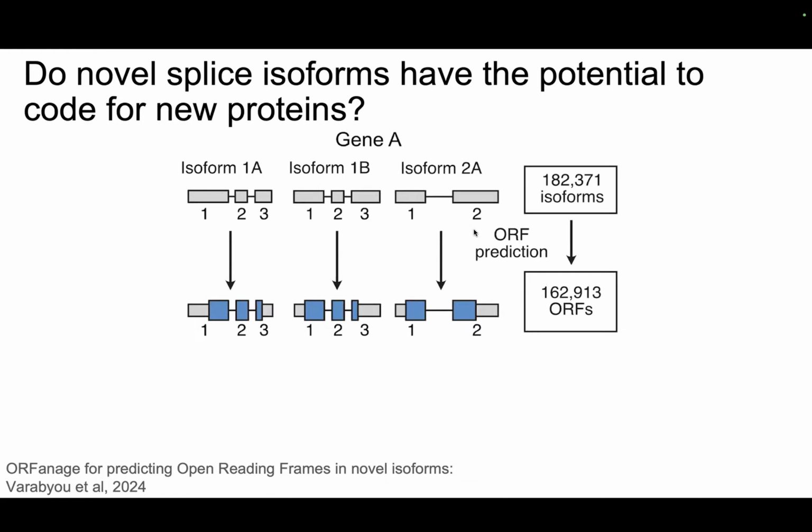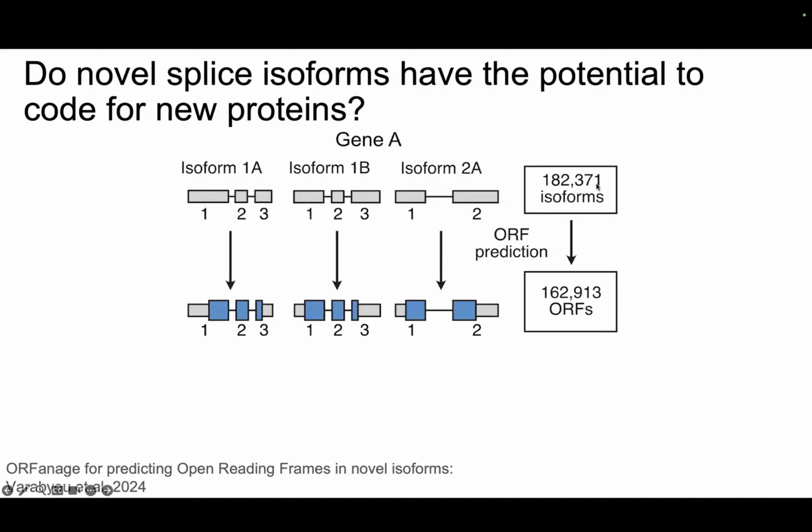ORF stands for open reading frames, and that identifies the parts of the mRNA isoforms that have the potential to be translated into a protein. We're using a recent tool for open reading frame prediction called Orfanage. Again, I didn't come up with the name. We think it's best in class today for this task.